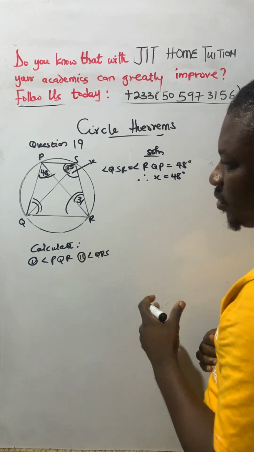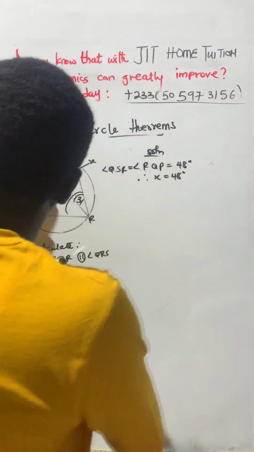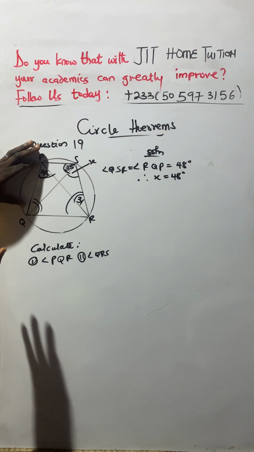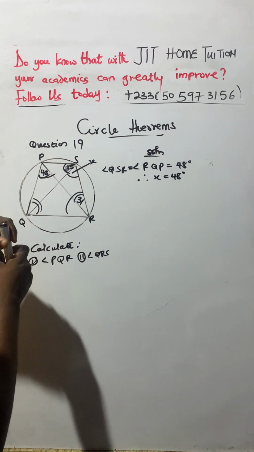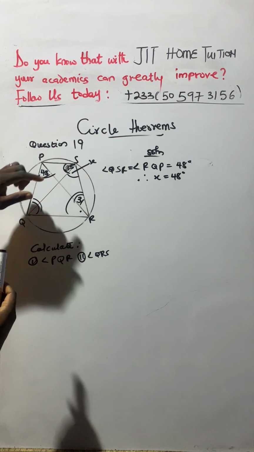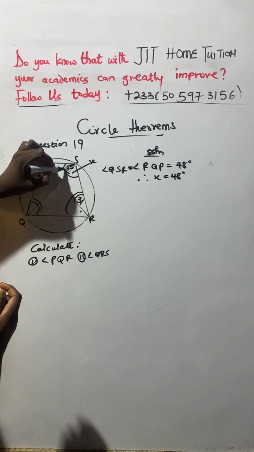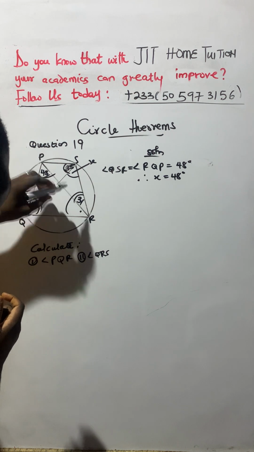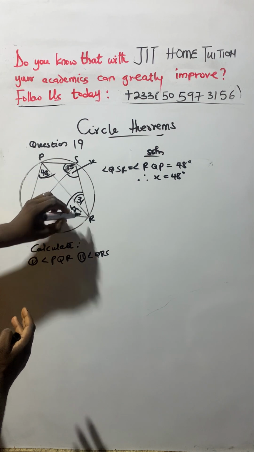I'm building a point. Now, let's look at something over here. When you look at the diagram from this perspective, let's say that this is a chord. It subtends over here. It forms an angle at this side. That same chord also subtends at the circumference over here, and it forms an angle at this side. What do you have? 35. If that is the case, with the same preamble as this one, this side will also be 35.